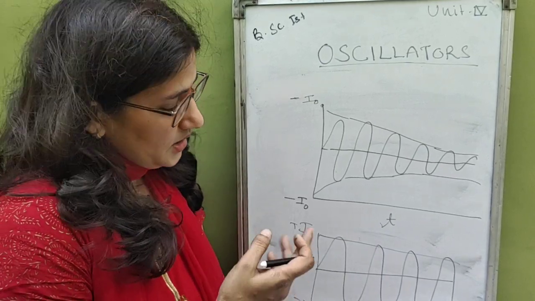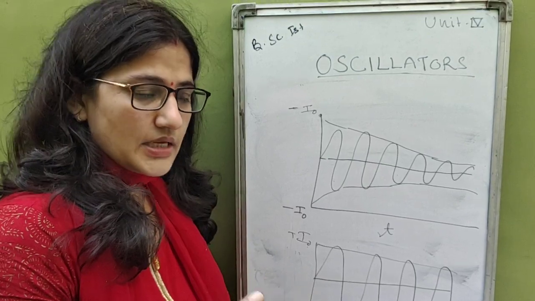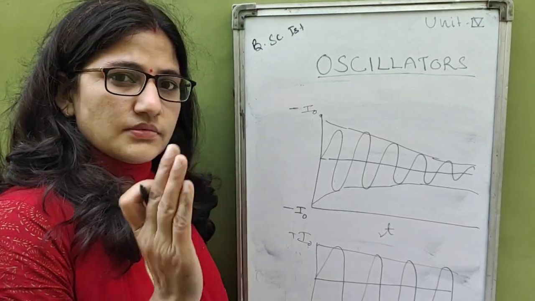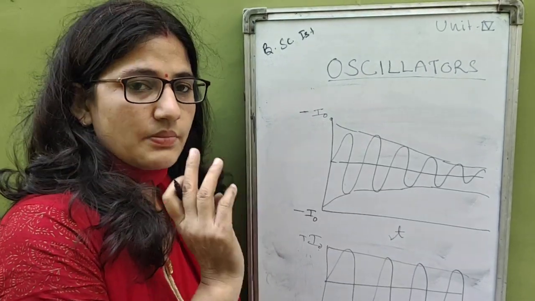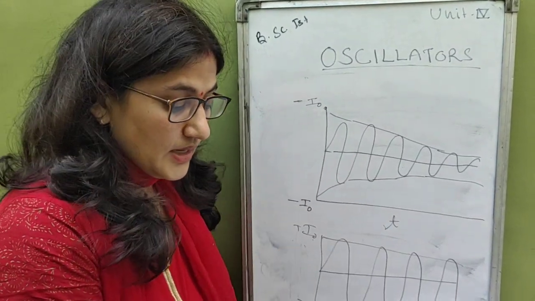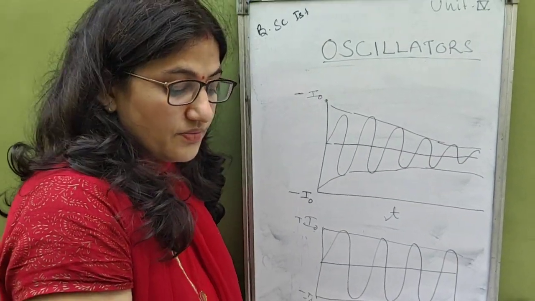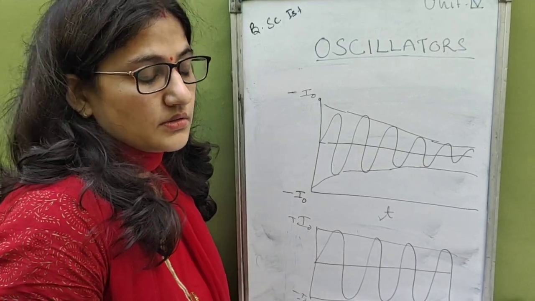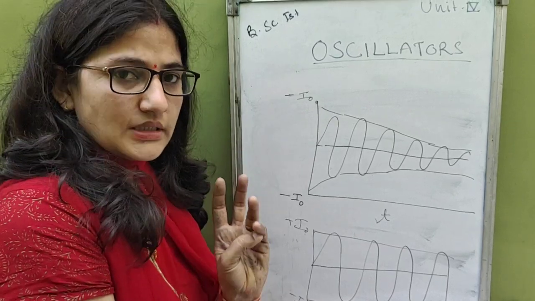Second, the energy supply must be in the same phase as that of the frequency of the oscillator, meaning the phase of the frequency of the oscillator is the same as that of the energy supplied by the other source. And third, the energy supplied must be in a proper phase so that it helps in keeping the amplitude constant.